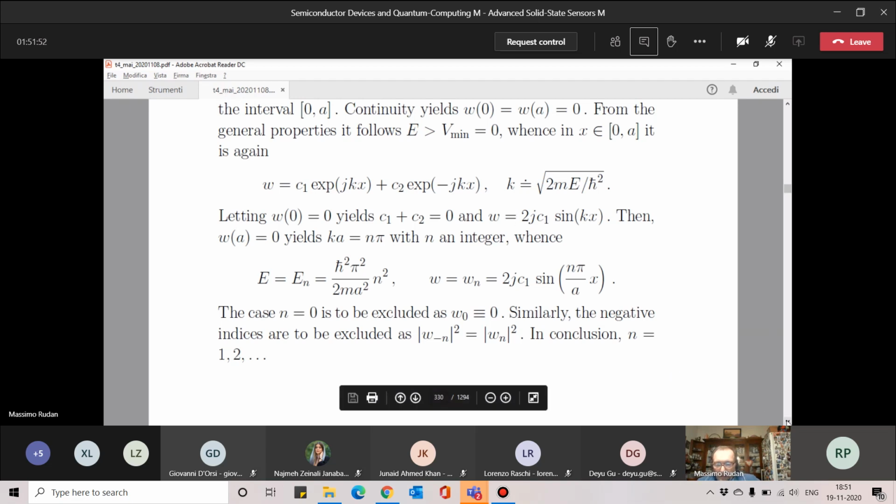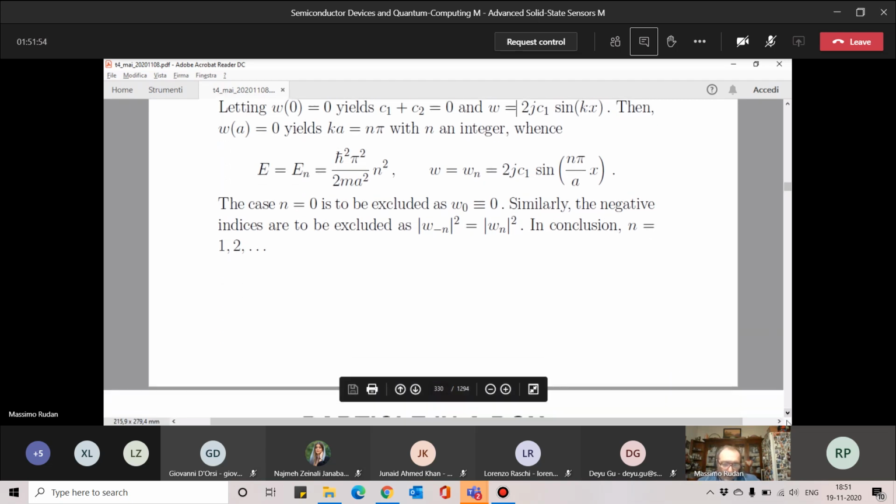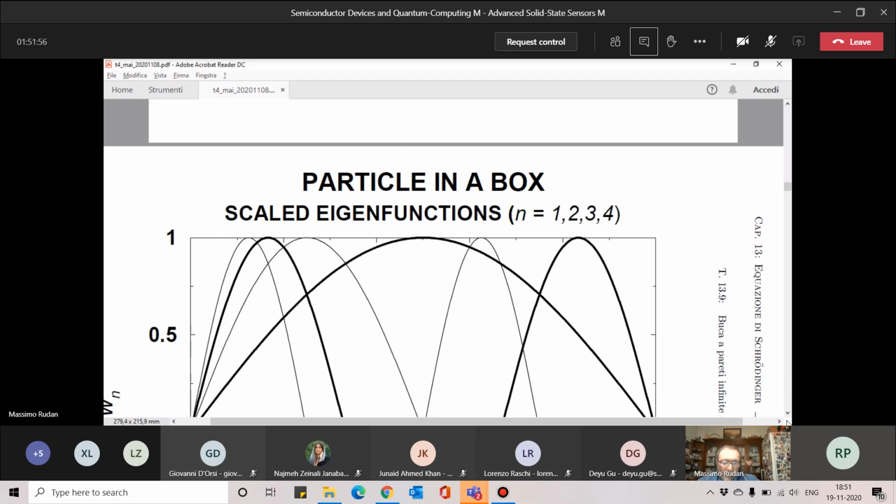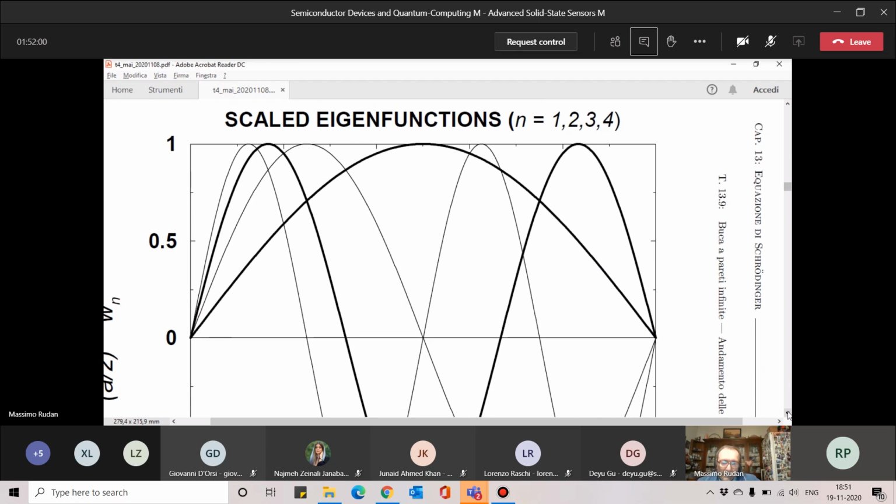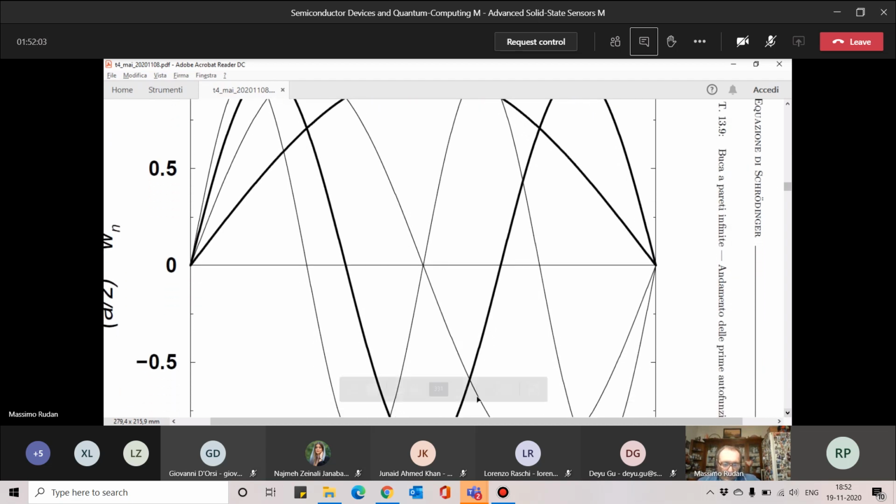There is a figure here showing the eigenfunctions of the particle. I'll zoom out.